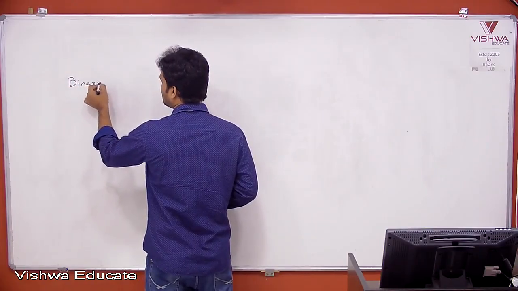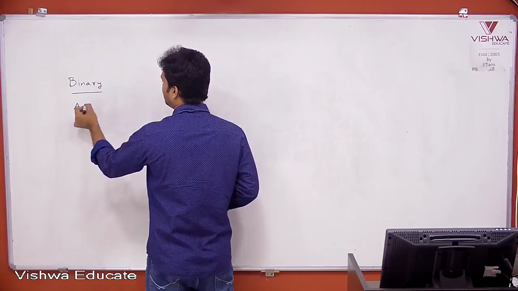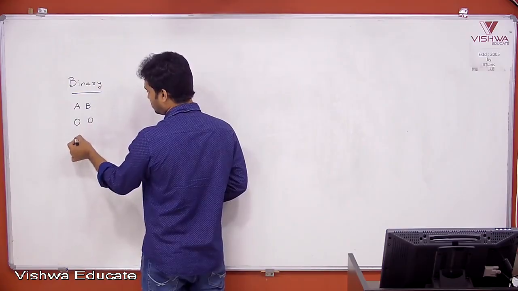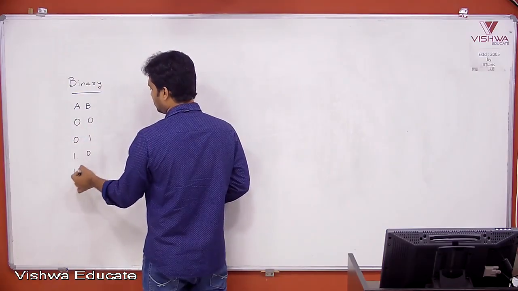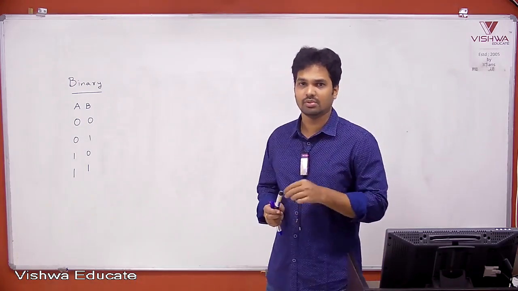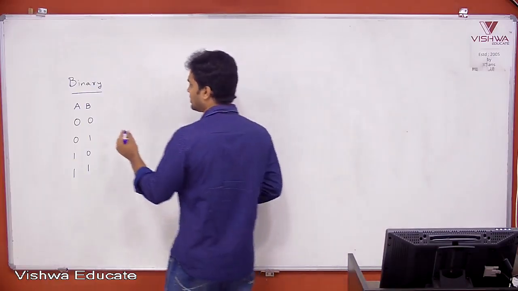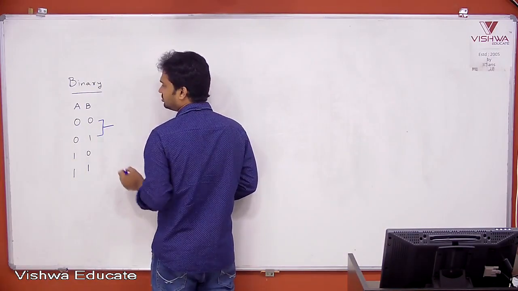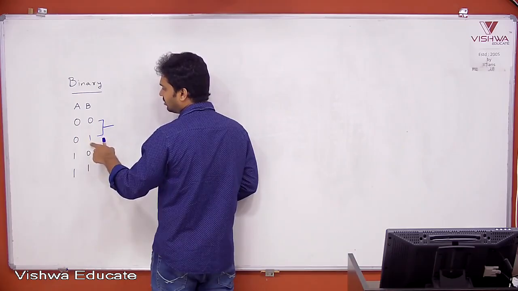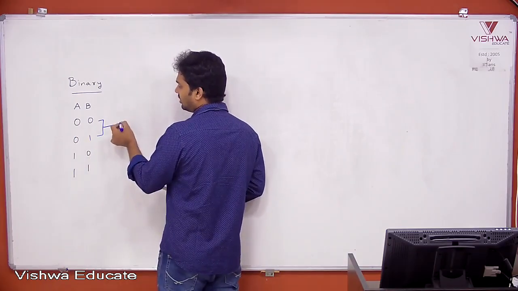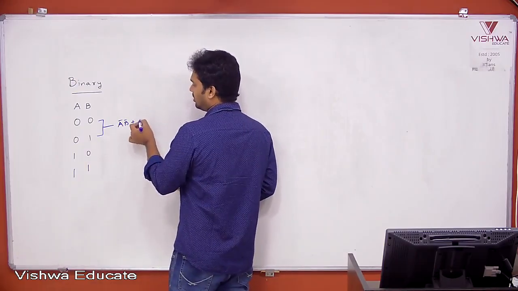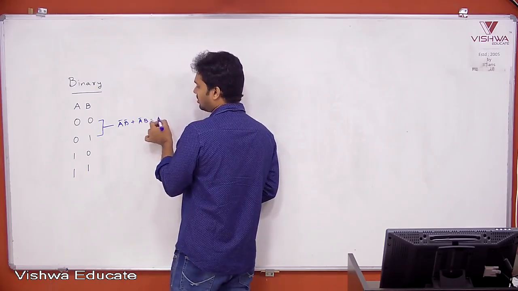In the binary representation, I am having A and B. AB can be 0 0, 0 1, 1 0, 1 1. 0 0 means A bar B bar. 0 1 means A bar B. You can understand if we add these two: A bar B bar plus A bar B. What is the answer? A bar.